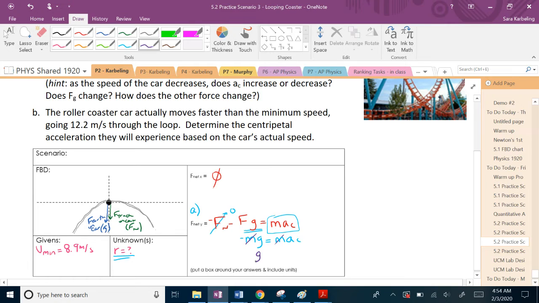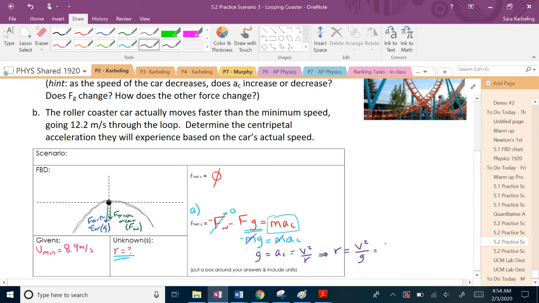So we've got g is equal to a sub c, remembering that a sub c is v squared over r, and so we can solve that for the radius. The radius for this circle with a minimum speed of 8.9 is going to be equal to v squared over g.